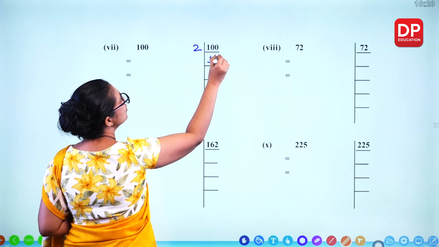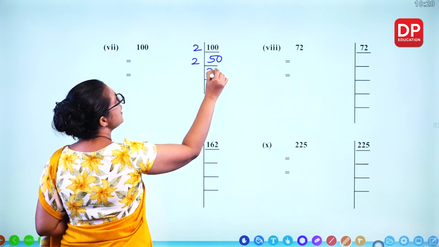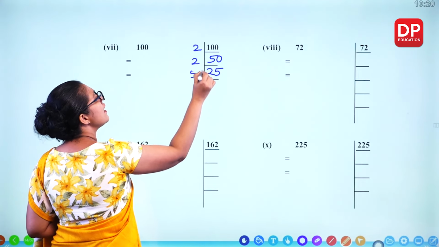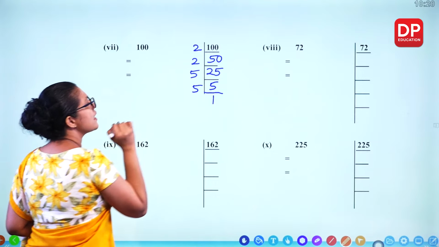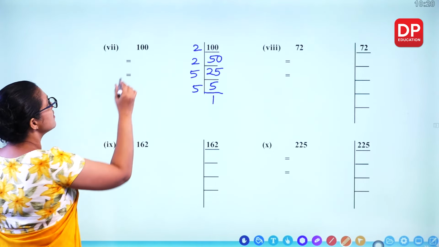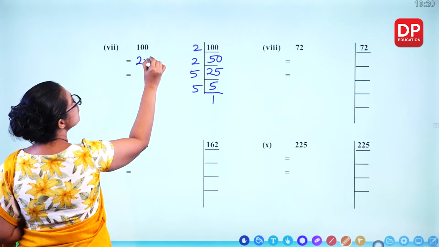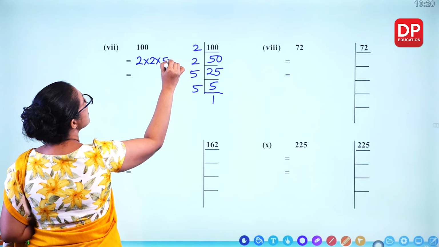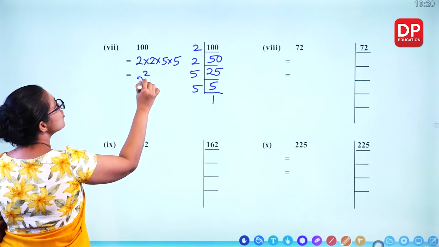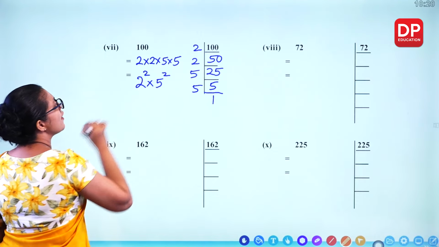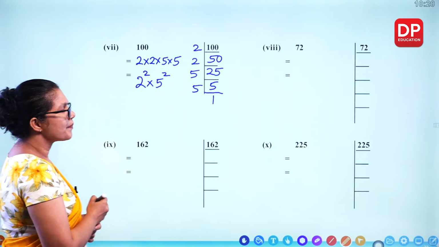Divide by 2, get 50. Divide by 2 again, you get 25. Now you can divide by 5. That's 5. Divide by 5 again, you get 1. So I can write 2 times 2 times 5 times 5. Simplify and I can write 2 to the power 2 and 5 to the power 2.